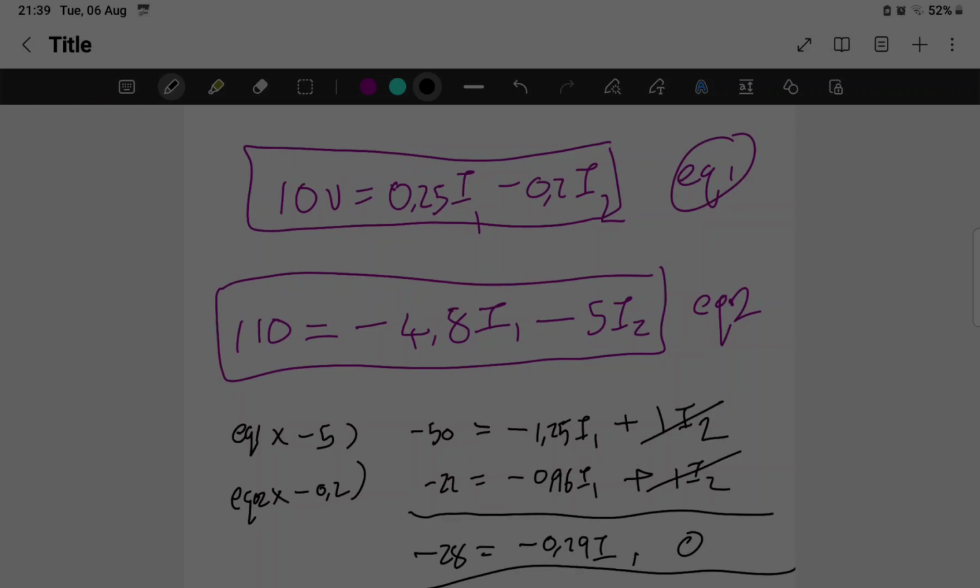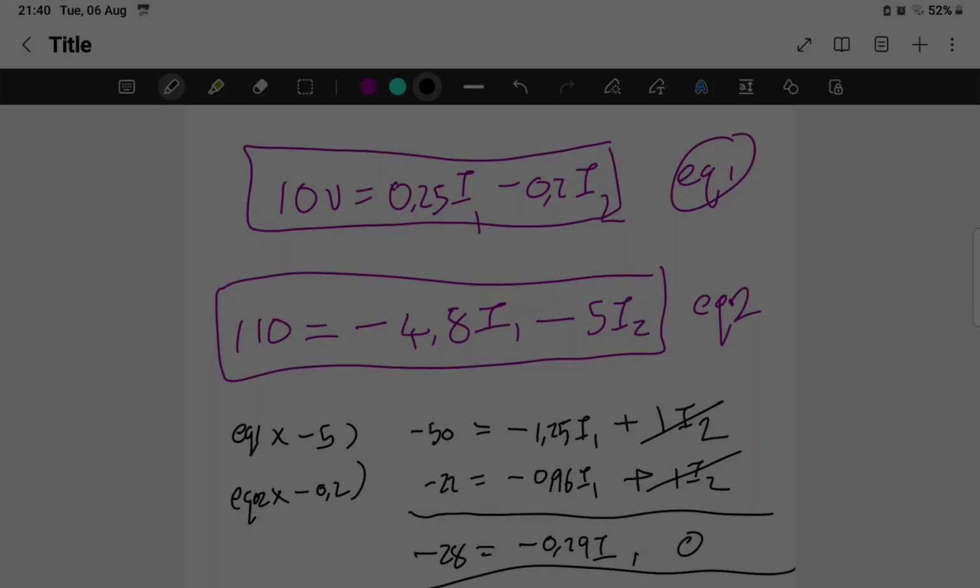Maybe I made a mistake here by multiplying negative 5 by 0.25, negative 1.25, and negative 0.2 multiplied by negative 4.8, 0.96.